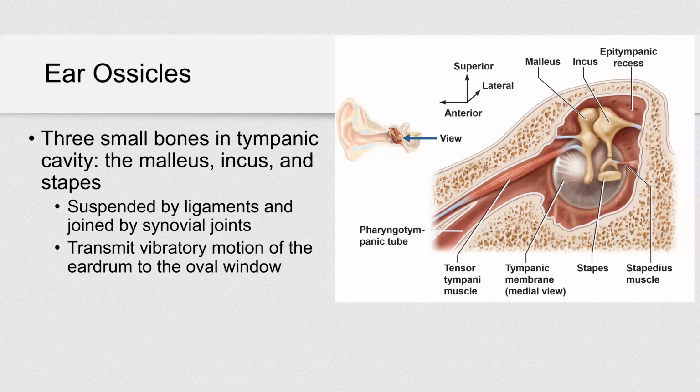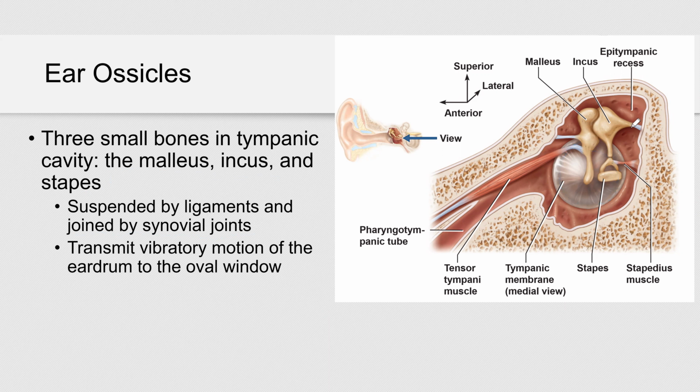Three small bones, or ossicles, over here: malleus, incus, and stapes, which we already mentioned. We have ligaments that suspend those bones, and the bones are joined by synovial joints and transmit vibratory motion of the eardrum to the oval window.